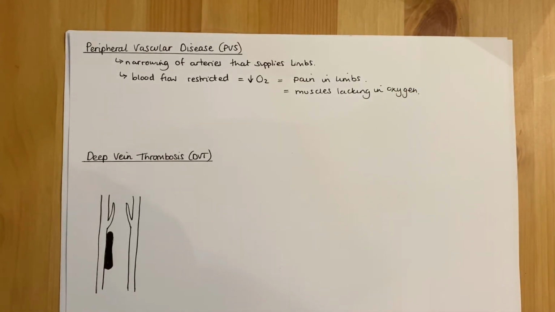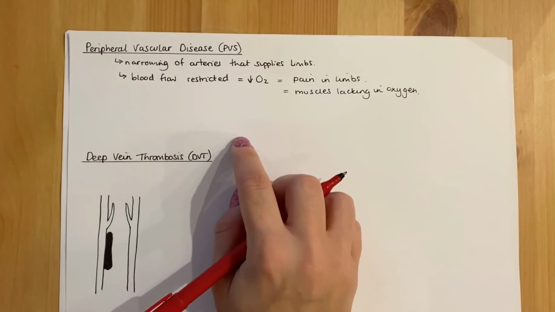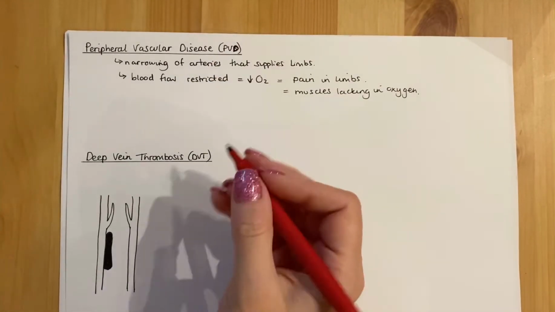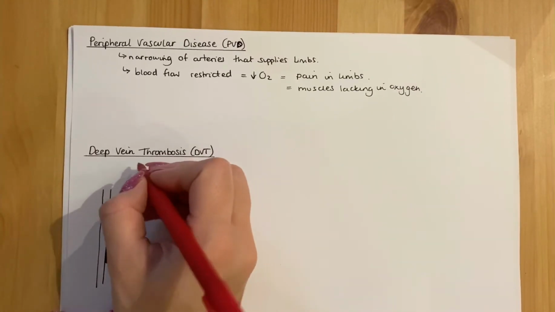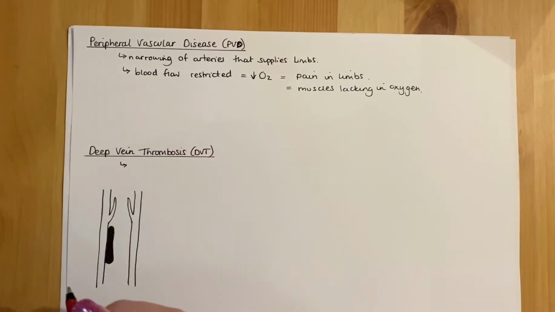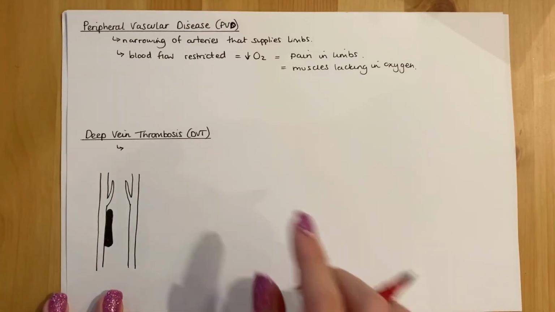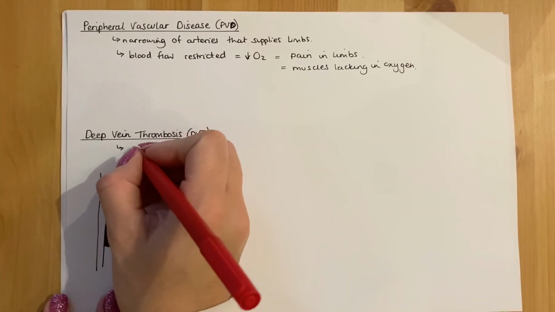Okay, so a deep vein thrombosis is an example of peripheral vascular disease. A deep vein thrombosis is the only example that refers to veins and not arteries. All the previous examples we talked about are in arteries alone, but this one is a vein specifically.